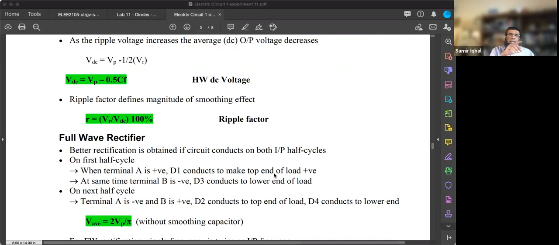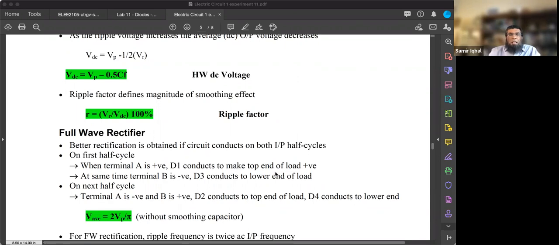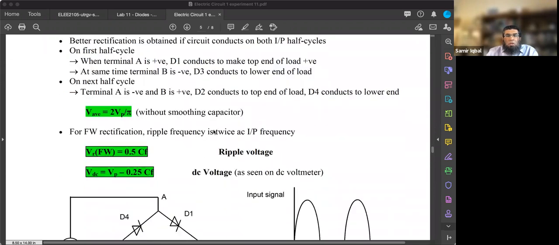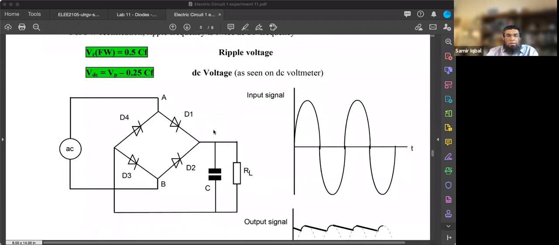And when it's the negative signal, we provide another path where some other diodes are in forward bias. But the end goal is we want to get a DC out of it. So how do we do that? We want to conduct on both half cycles, the positive one and the negative one. So we create this circuit.